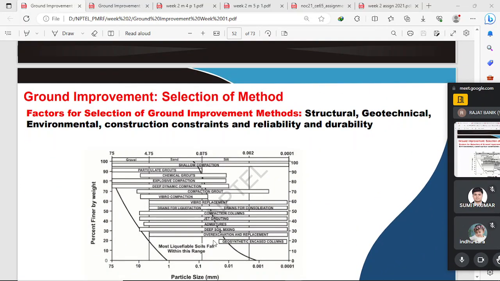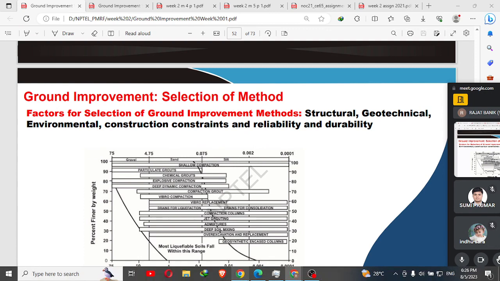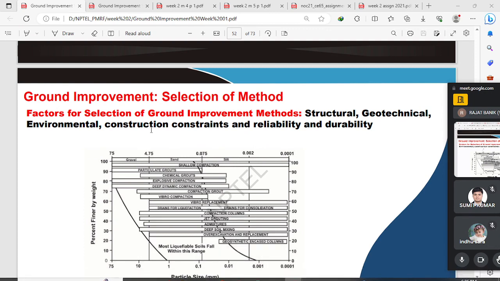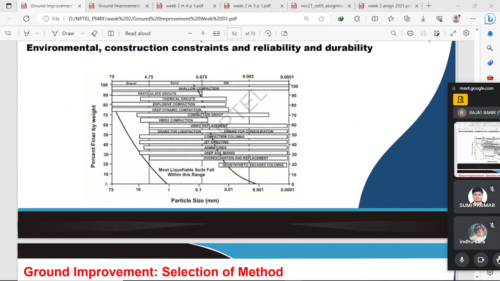Then we also studied the different types of ground improvement methods and factors. What are the factors? It depends on structural, geotechnical, and environmental aspects, and also what type of soil and what type of technique is suitable.